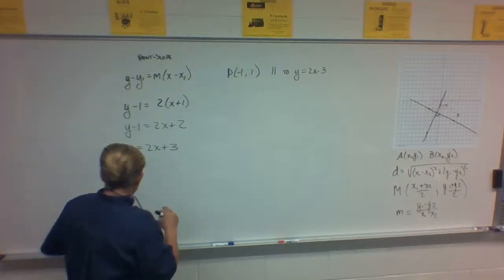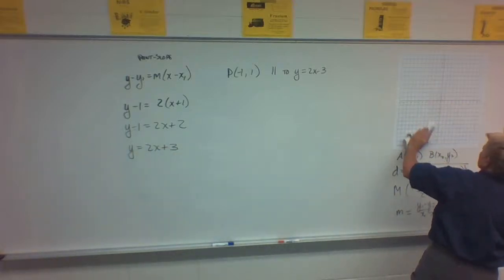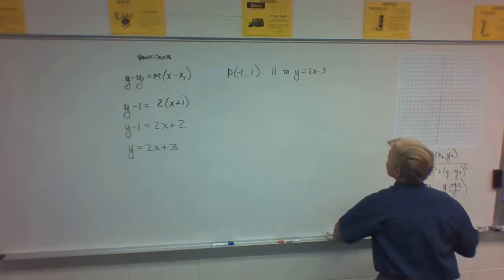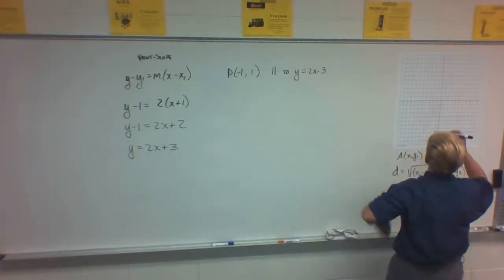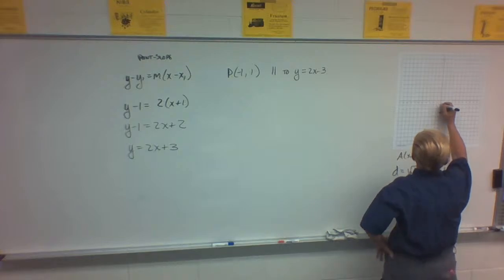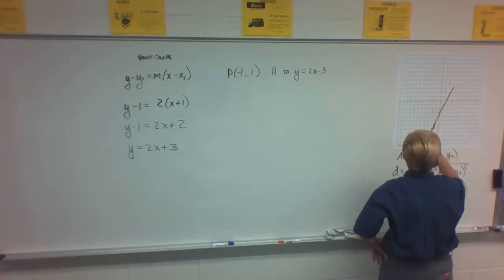So just to prove to you that we have accomplished what we said we would, let's take a look at this line. The line they gave us was 2x minus 3. So I put a minus 3, and I would go up 2 and over 1 for the slope of it. Goes like that. Like that.